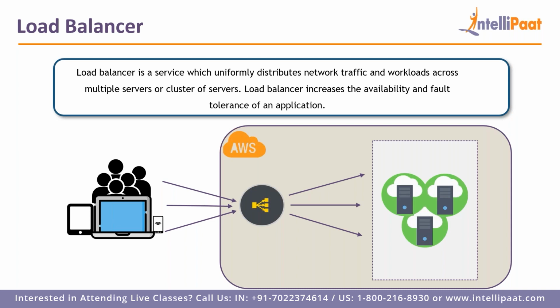For example, when the first server reaches 80% utilization, the load balancer will start distributing traffic to the next server, and when that reaches 80%, to the next one, so that the usage of each server at the same time stays low. This is the basic information about load balancers you need to know.